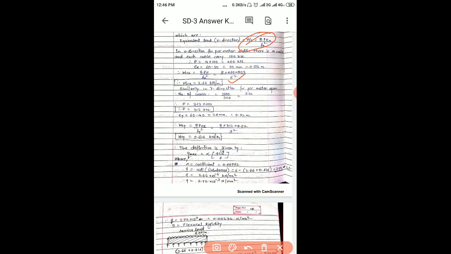Then similarly in y direction, for per meter span, number of cables: 1000 divided by 320 will get 3.12. 3.12 means 3 number of cables, okay.